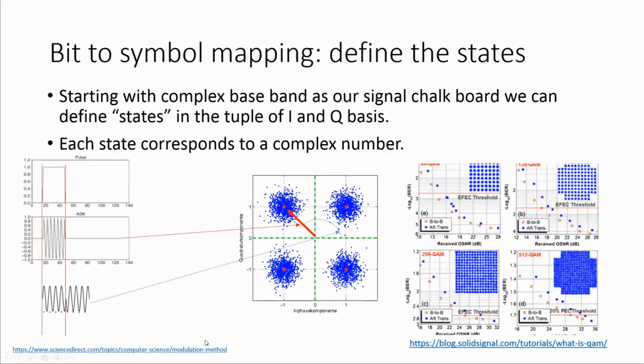Okay, so each one of these states is a complex number, and that complex number is referred to as a symbol. So what we want to do is have some mapping between these symbols and a number of bits. Here's examples of many, many more numbers of states. 512 QAM is 512 of these little guys.